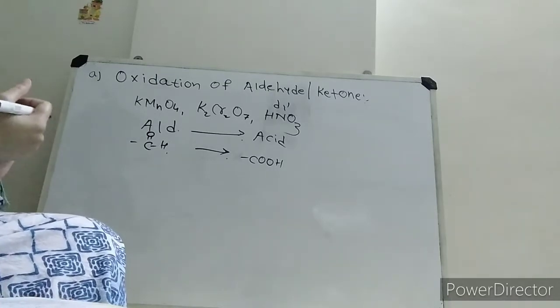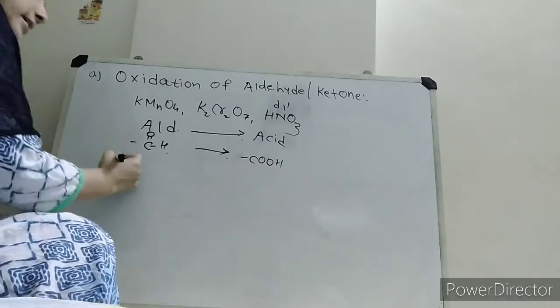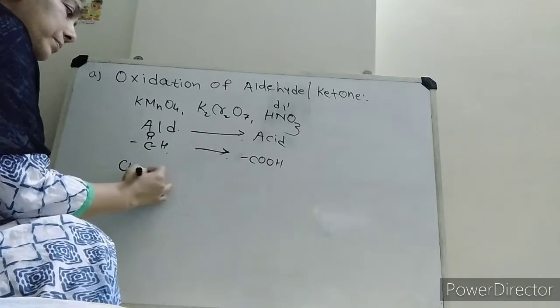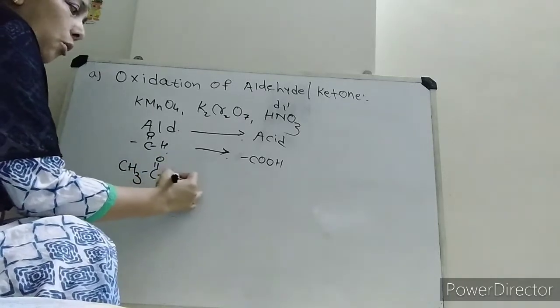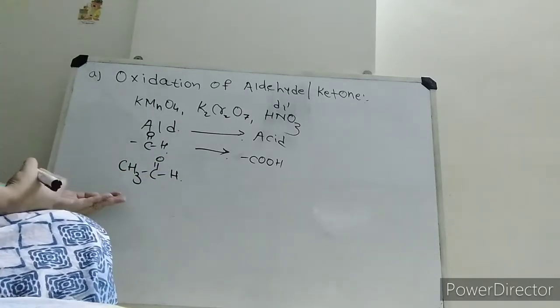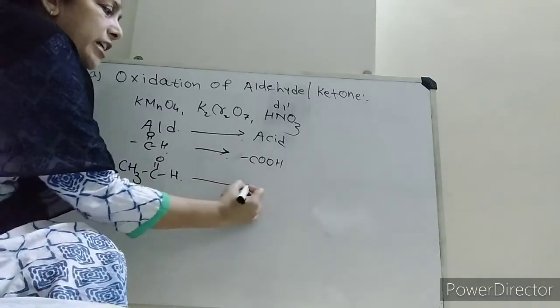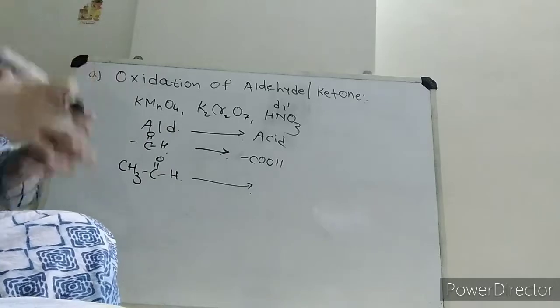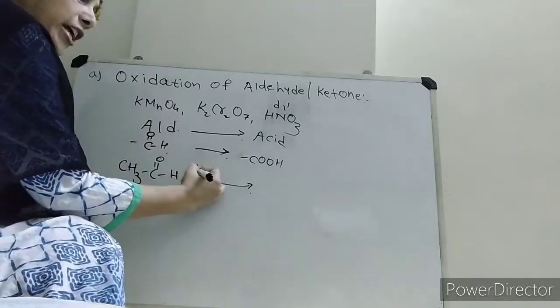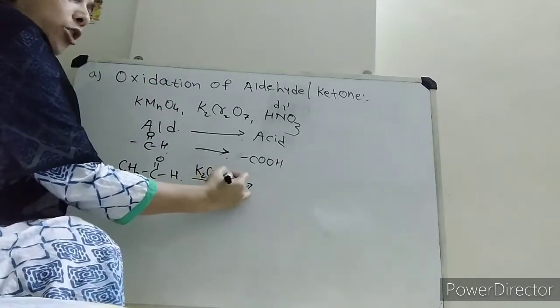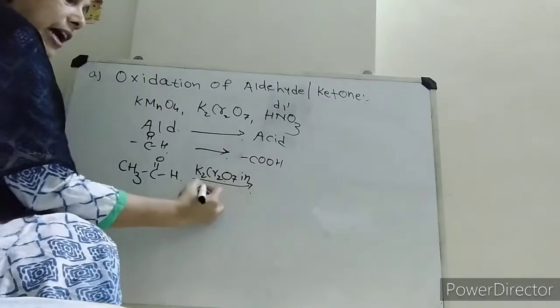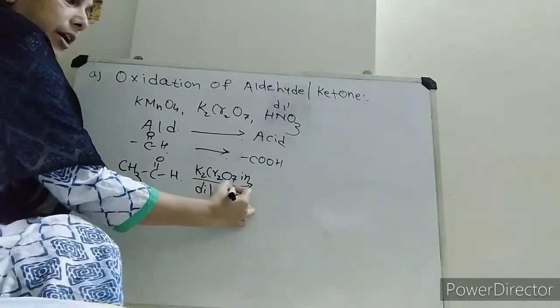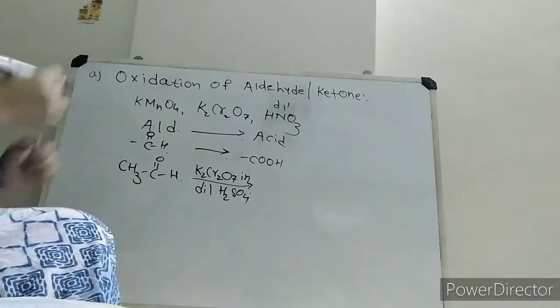Suppose we take one example, acetaldehyde, CH3CHO. Now this acetaldehyde, when it is oxidized in presence of acidified potassium dichromate, K2Cr2O7 in dilute H2SO4, then what will happen?